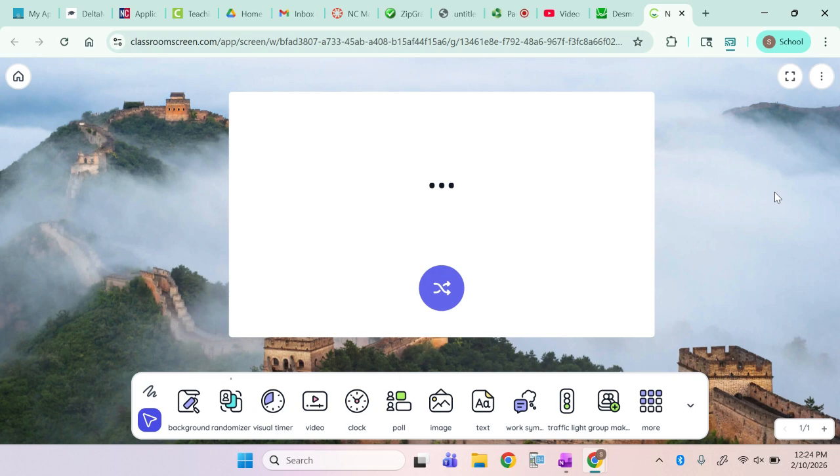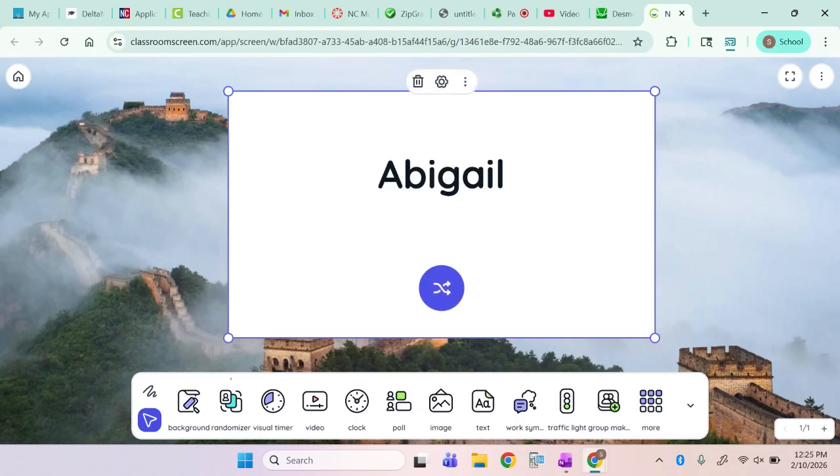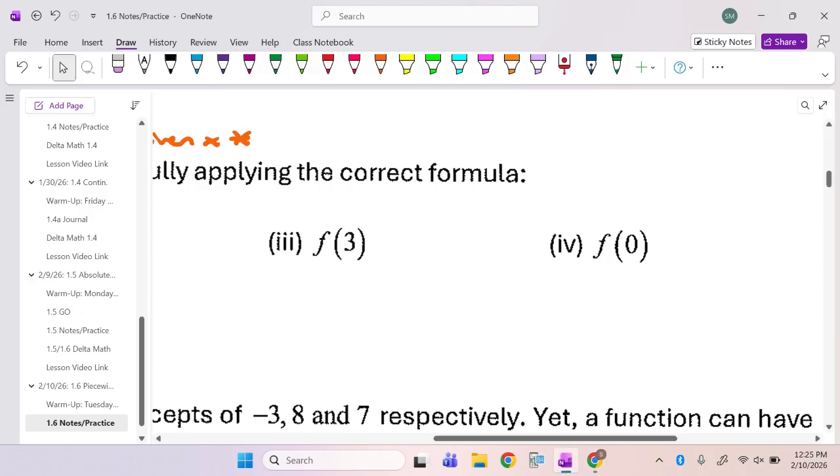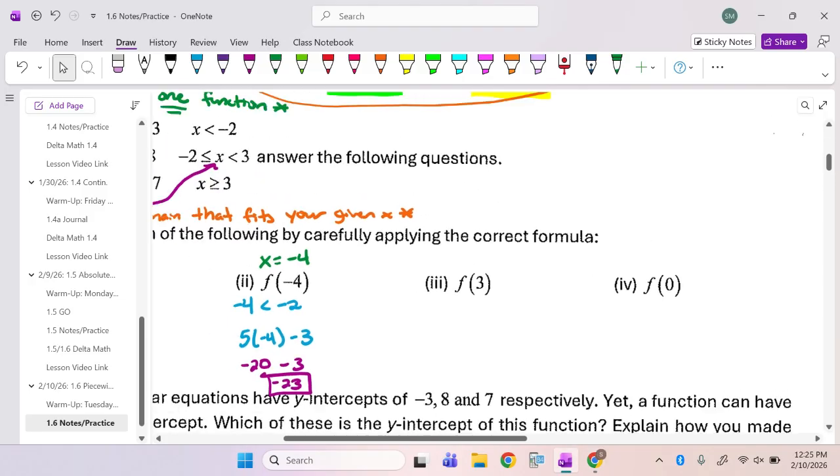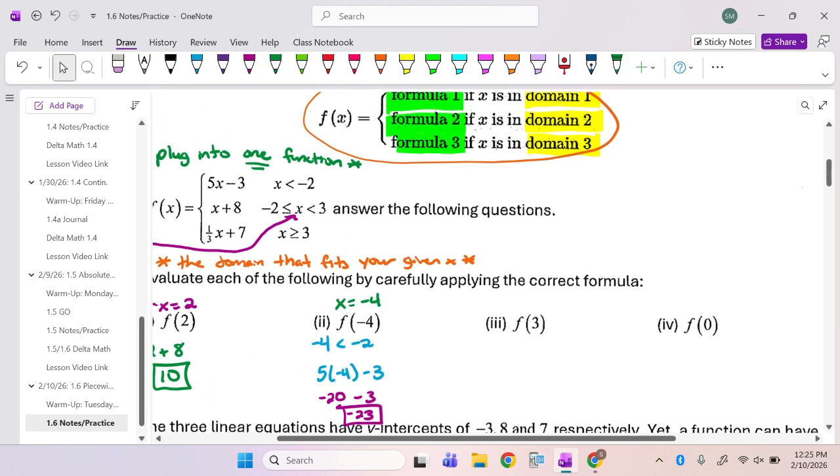All right, let's discuss. So let's go with Abigail. Which of the three functions did you end up plugging f of 3 into? Why? Right.